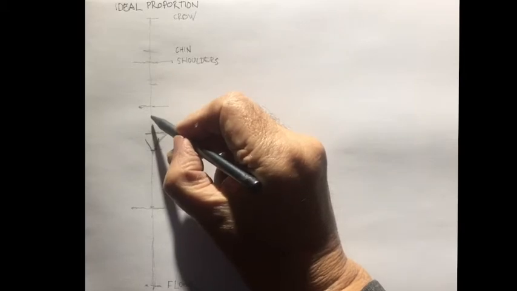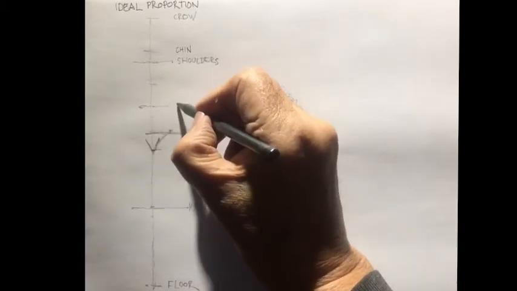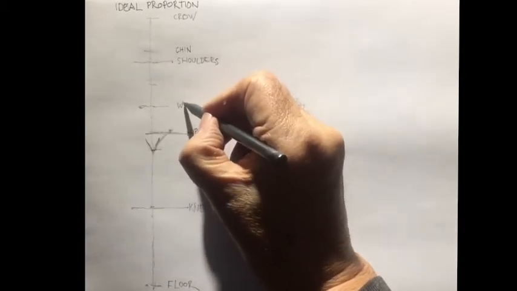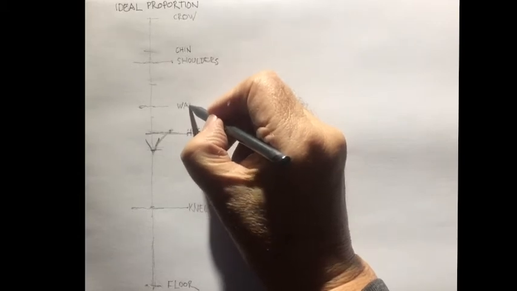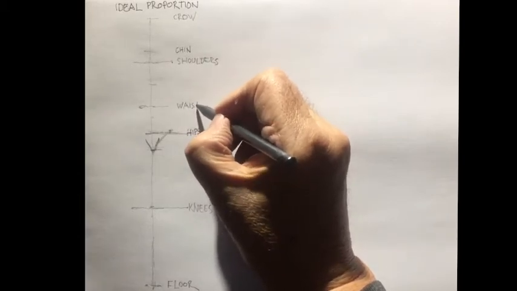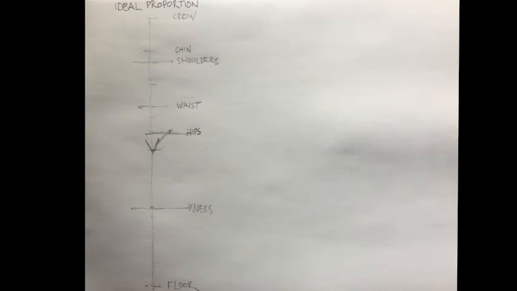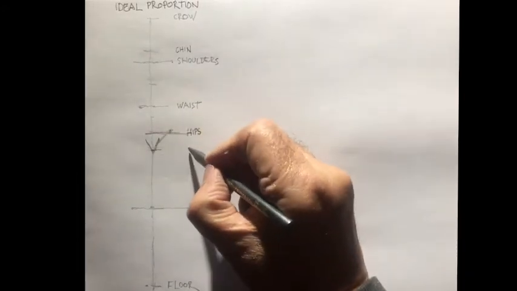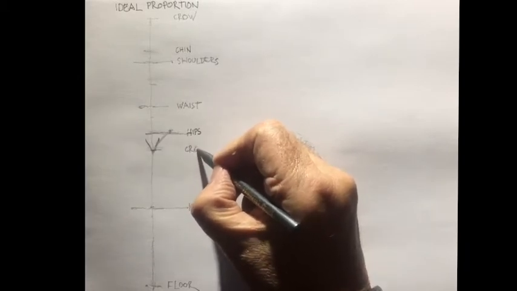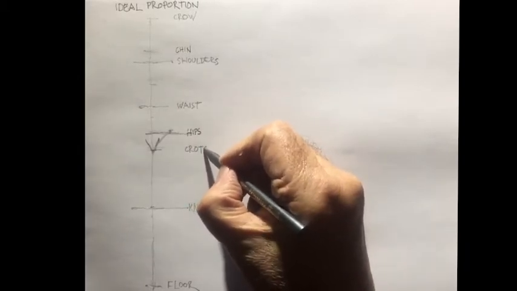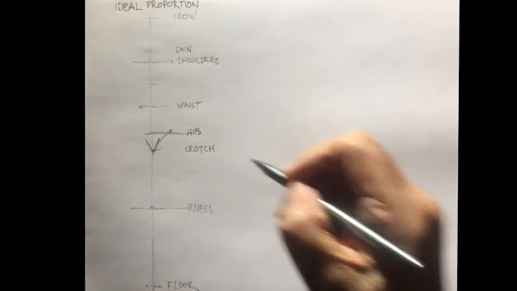That's supposed to be the belly button, see? That's the waist, the third down. Waist. Which also helps us to find roughly where the elbows are, but there are other measurements for the elbows as well. This is the crotch. Crotch. Now we've got nearly a full figure here.